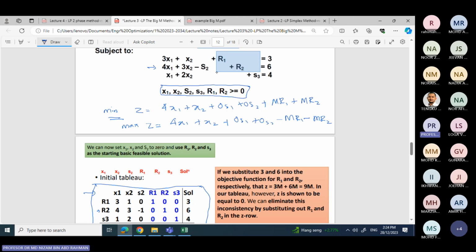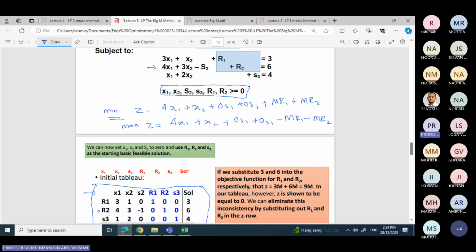That's why we need to introduce artificial variables, and the initial solution for the initial tableau, whenever you have minus s2 plus r, would be r2, which is the artificial variable. Does that make sense?